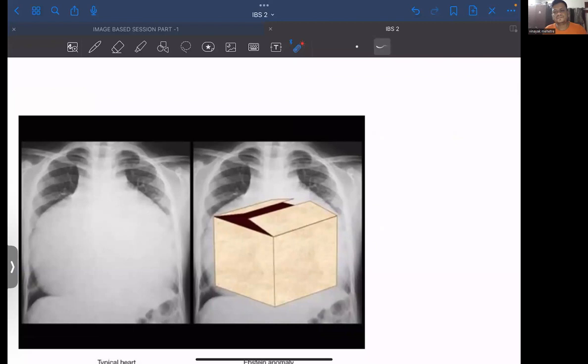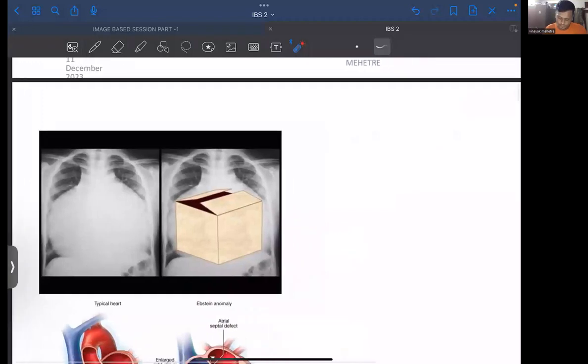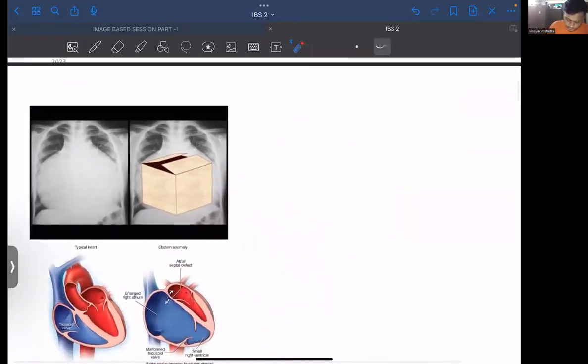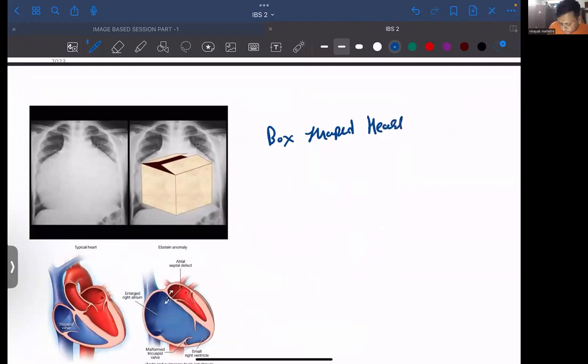What is this? This is called box shaped heart. Seen in? Yes, you know it. It is easy, I know this. It is seen in Epstein anomaly, right? Which drug causes Epstein anomaly?